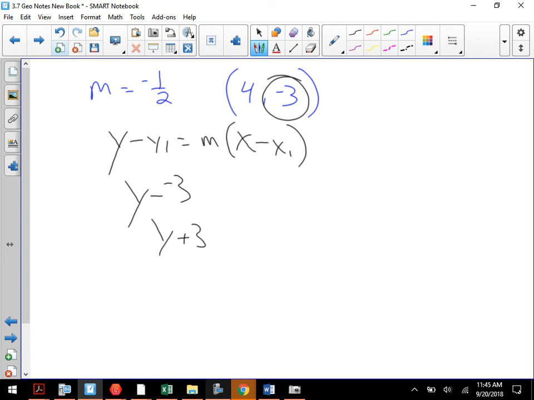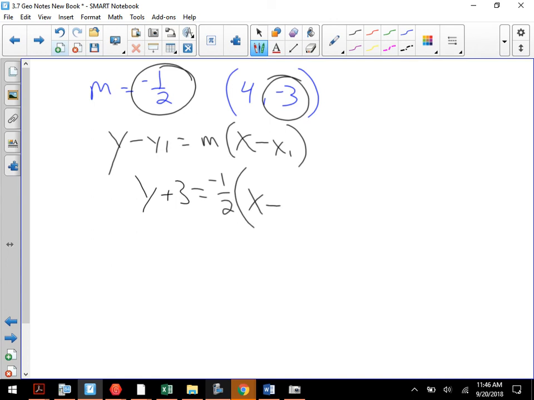Anytime you're writing minus a negative, you just automatically switch to plus. Or write it out and then remember, oh, that's what I'm doing. I was just shortcutting it out. So then you have our slope, negative 1/2 times x minus 4, because that's the ordered pair you're given. That's the x sub 1, y sub 1.